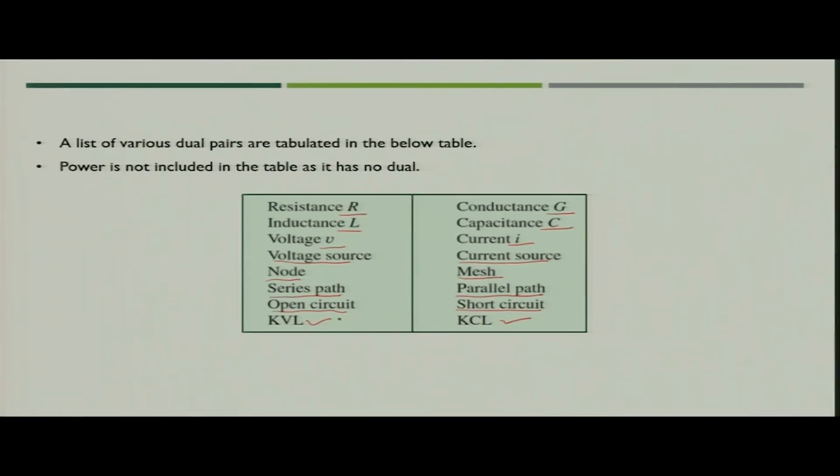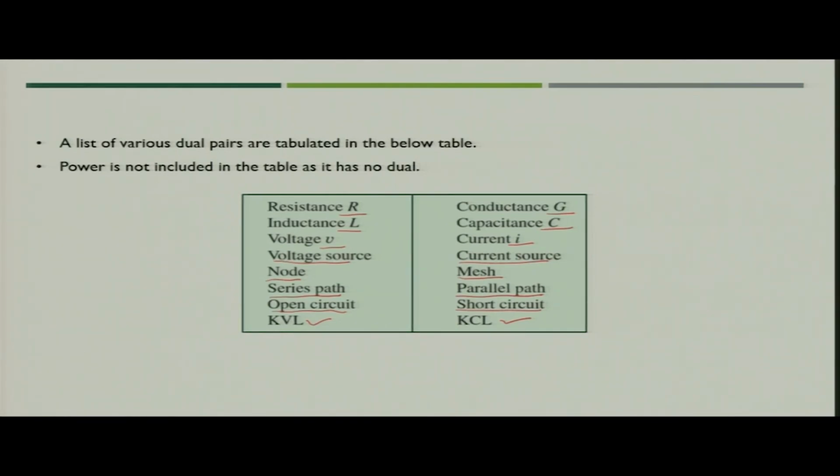So, this is what we started with initially. We started with mesh equations, those are nothing but KVL, and then we created the dual with the help of KCL, that these are nothing but the node equations, and then accordingly we found the dual of the circuit.